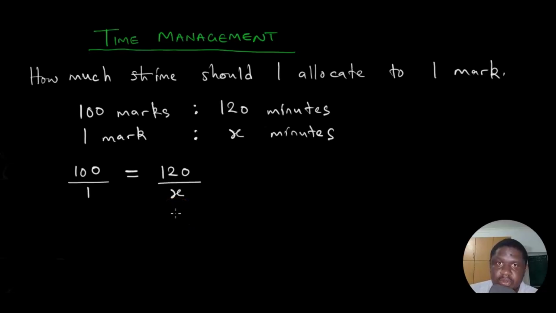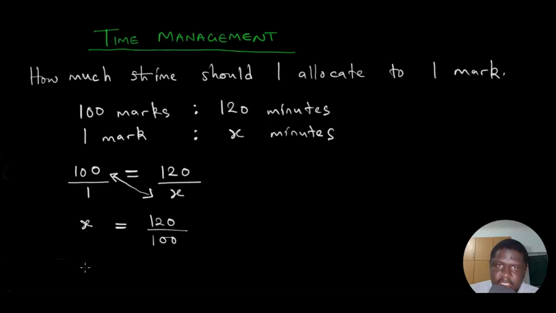We want to solve for x and we want to apply cross multiplication. So x comes here. This is equal to 120 remaining there, and 100 coming down here. This means solving our question just required dividing 100 into 120.